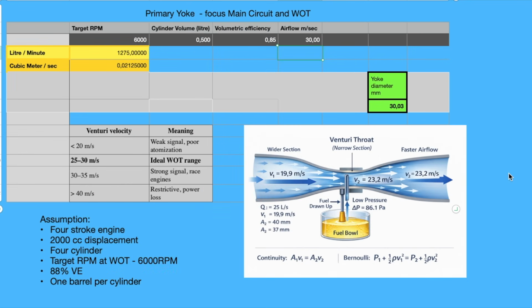It is an Excel spreadsheet or a Numbers spreadsheet, as I'm a Mac user, to calculate the primary yoke based on all the formulas we've seen. I'm just repeating a little bit the concept of continuity, and you already have seen this in the previous slides. The surface multiplied by the speed V1 right here has to be the same as the surface multiplied by V2, the speed here.